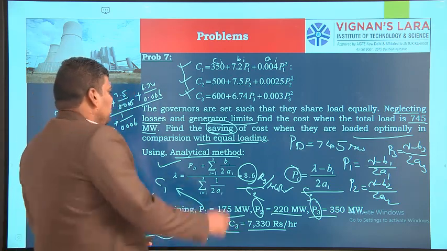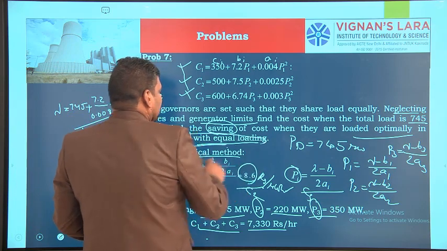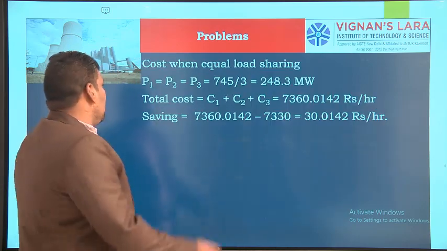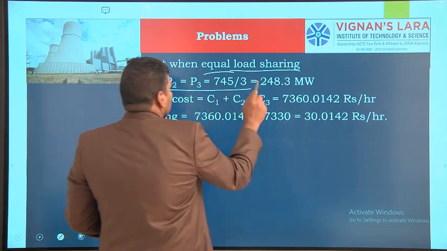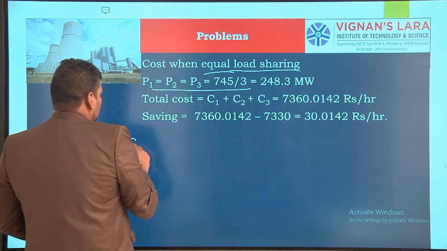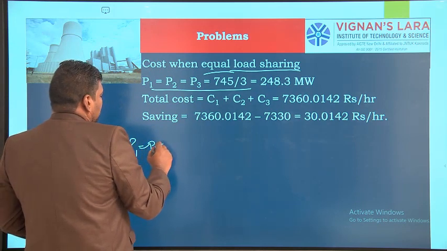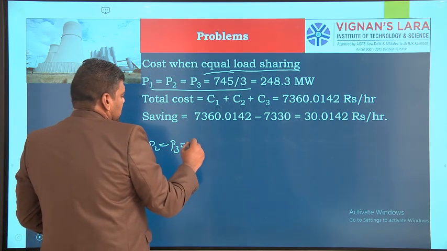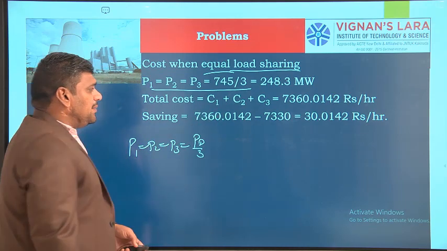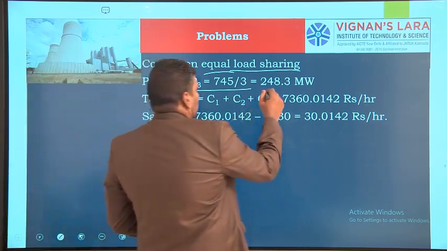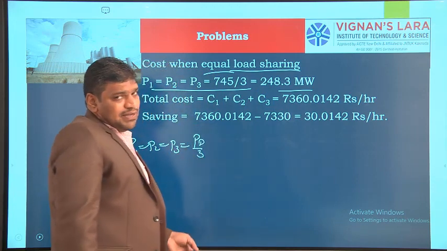Later, you need to find the cost with equal load sharing. Equal load sharing means that when the load is shared equally, P1, P2, P3 are equal to PD by 3, the demand by 3. So 745 by 3, and each generator is loaded with 248.3 megawatts.